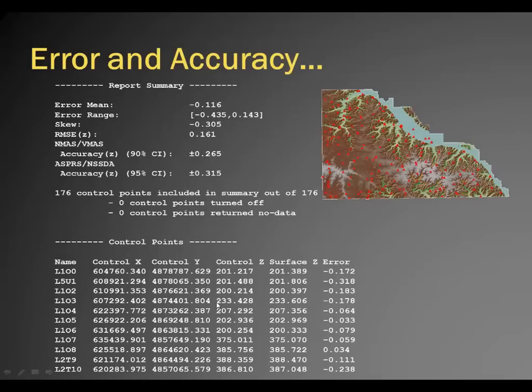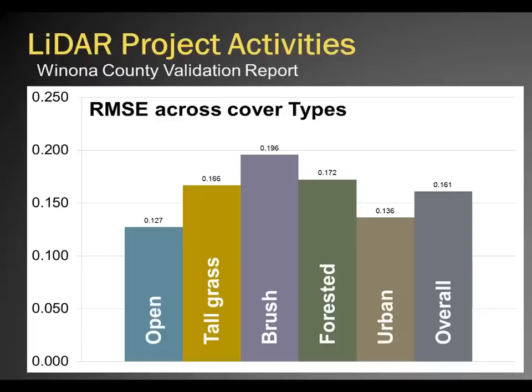From all these points that we measured on the ground and compared to our interpolated LiDAR measurement at that same place, we have an RMSE of 0.16, and the overall confidence factor at 95% would be 0.315. So it's basically 16 centimeters our RMSE, and 32 centimeters is our 95% confidence factor. So it's very accurate information.